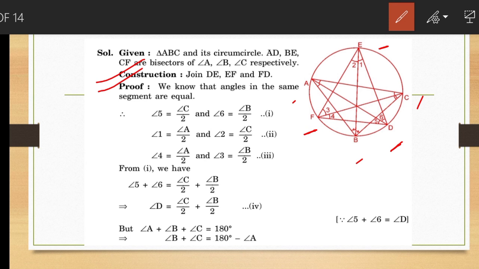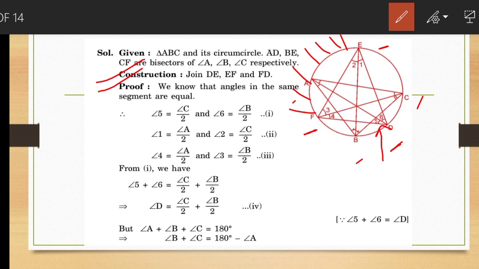Now if we see this angle 5, we know that angles in the same segment are equal. So if we consider this segment, then angle 5 and angle C by 2 are in the same segment.